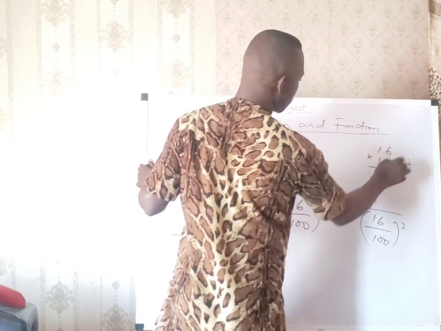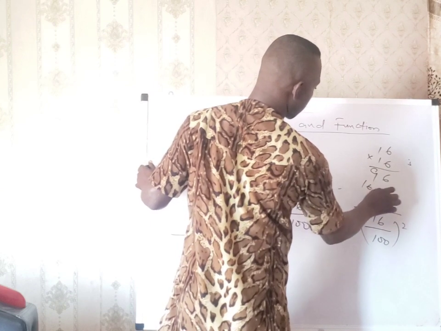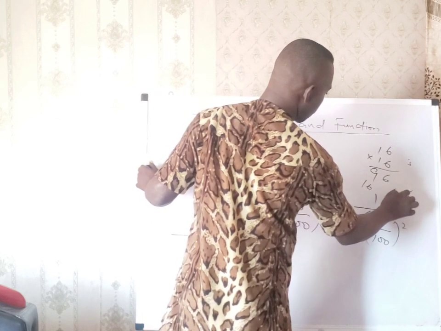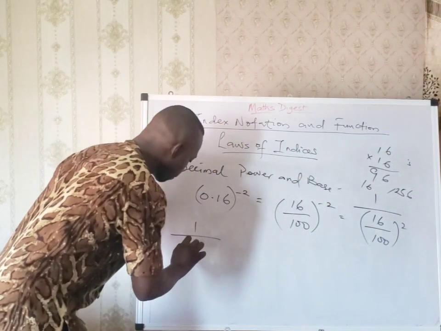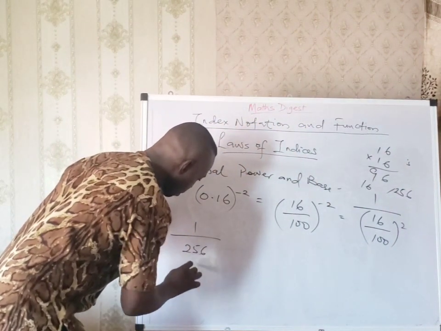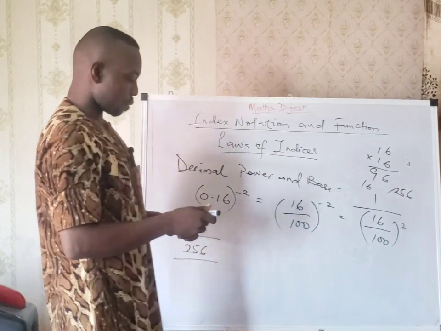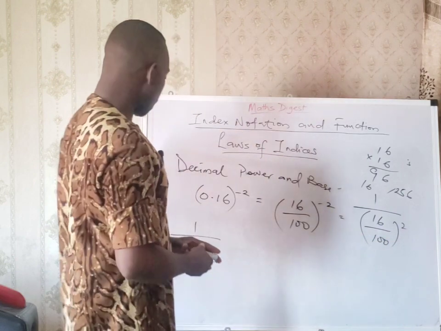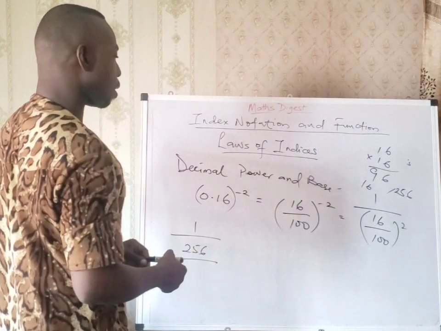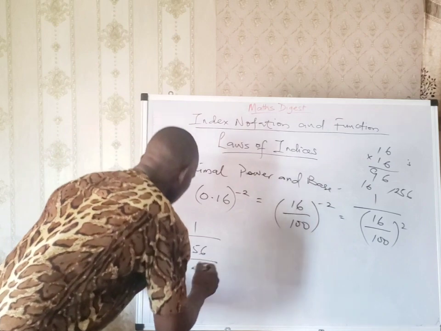This is 6 plus this 9, and this is 16. From here we have 6, we have 5, we have 2. 2, 5, 6. We have 2, 5, 6 all over. Now coming to this, the square of 100 will give you 10,000.